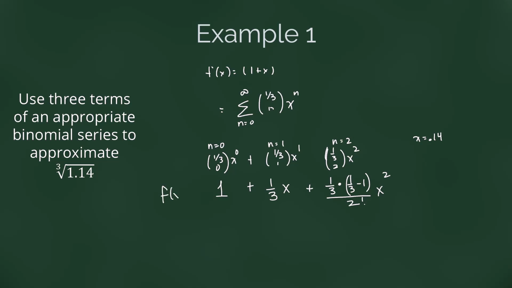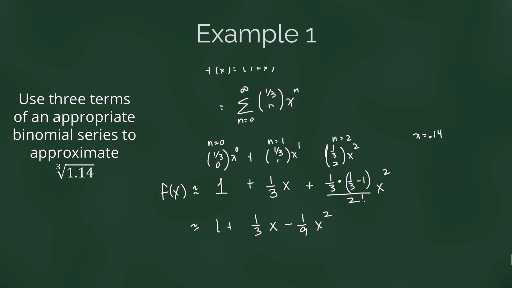So we're going to say f of x is approximately that if we're just using 3 terms, and that's just 1 plus 1/3 x. And if we clean up this last guy, 1/3 minus 1, that's -2/3. So we end up with minus 1/9 when we simplify with the 2 factorial on the bottom, x squared.